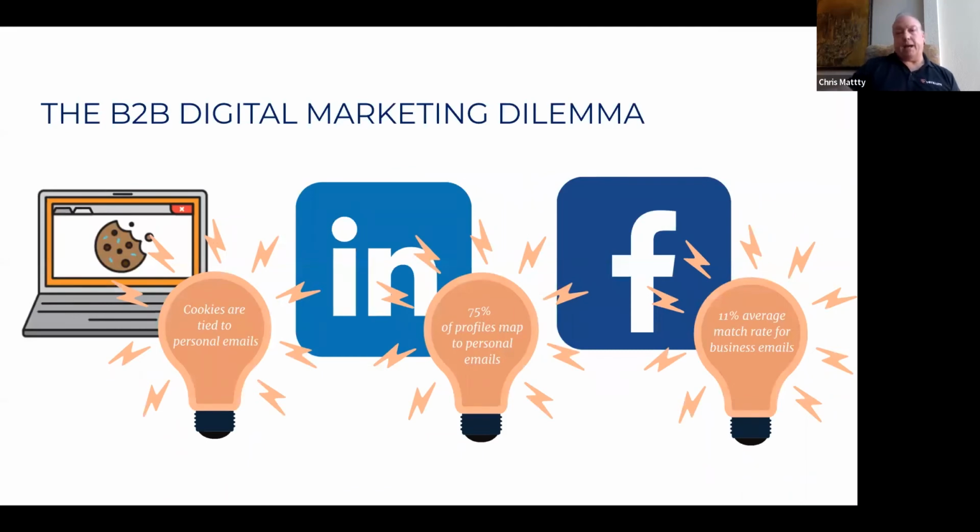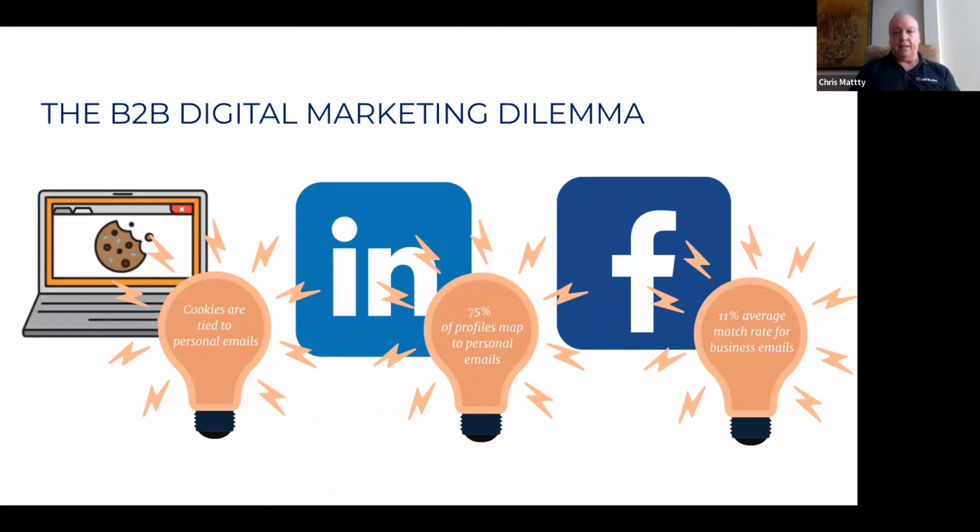Because if you recall back on that identity slide, it was cmatty at Yahoo in registration. Most of the identity targeting in the broader ad tech ecosystem is mapped to personal contact details, not business. Even LinkedIn, which is a B2B networking social media site, 75% of the profiles are mapped to a person's personal email, i.e. cmatty at Yahoo, not cmatty at Versium.